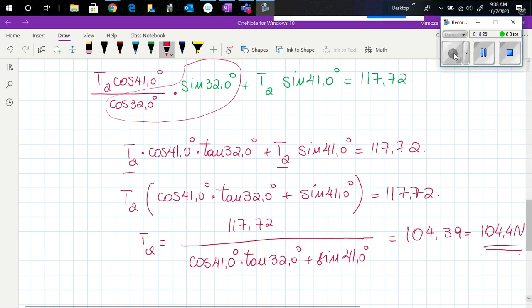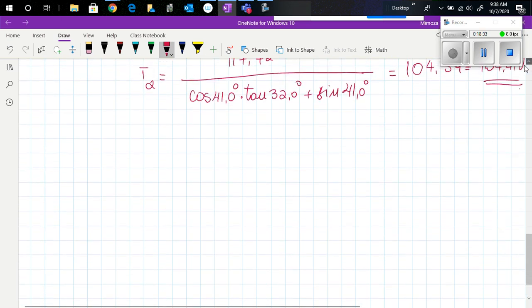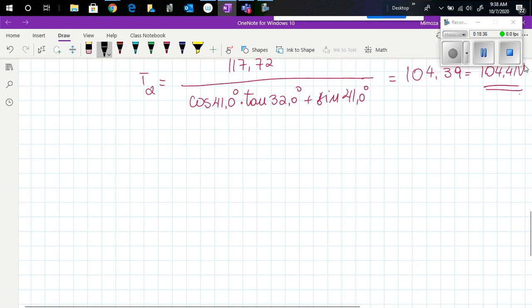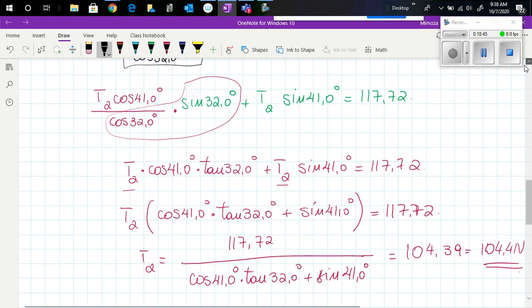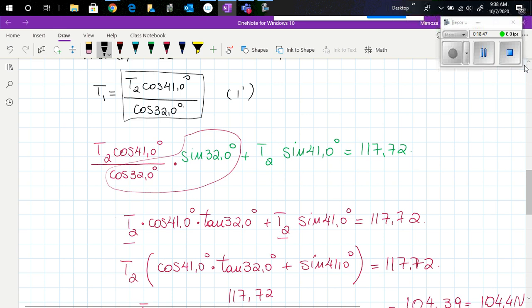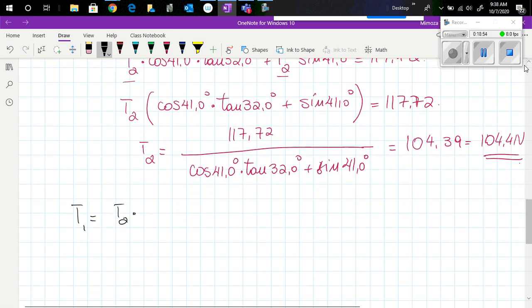And now with this value, what we can do is find what T1 is, because we said that T1 was T2 times, let me bring it again, the relationship that we had here: T2 cosine 41 over cosine 32 degrees.